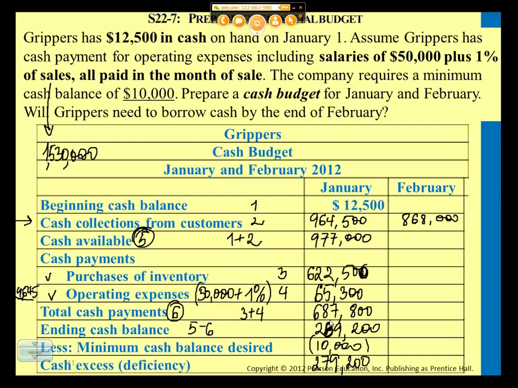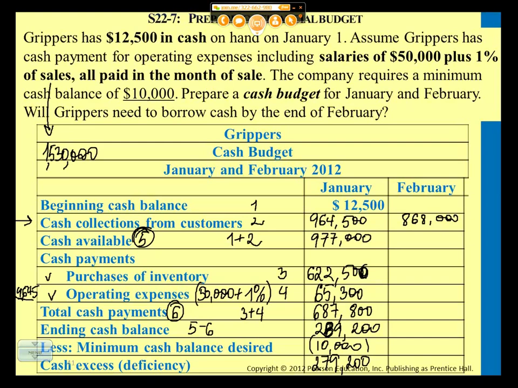Do you subtract the minimum cash balance every time? Well, it's not going to make any difference right now because we're interested in February, right? No, but I'm saying, do you always subtract the minimum cash balance? When you first showed us how to do the example, you just stated that the minimum cash balance was 10,000. In the previous exercise? Yeah, the first one.